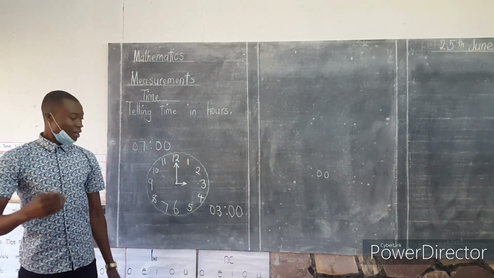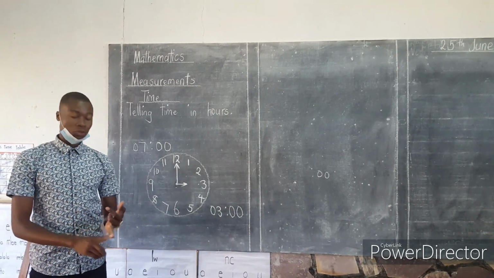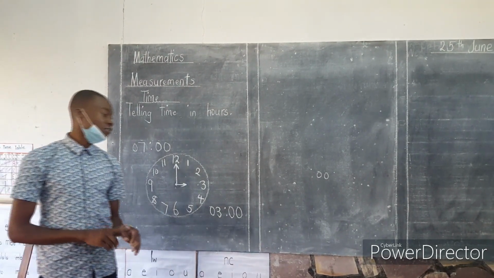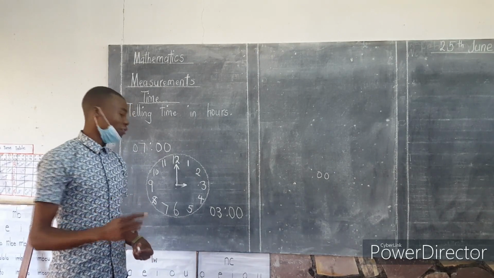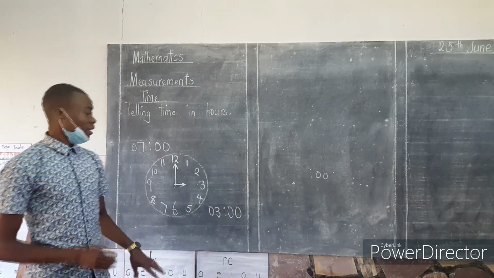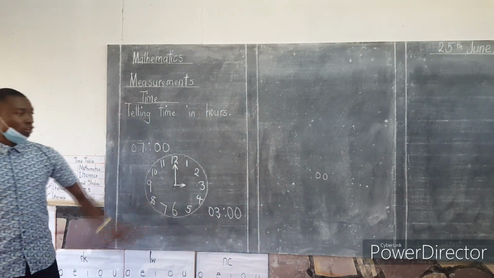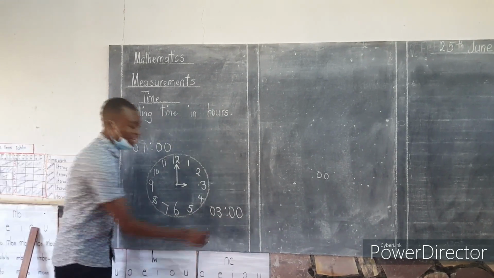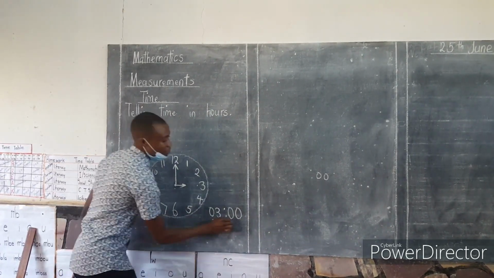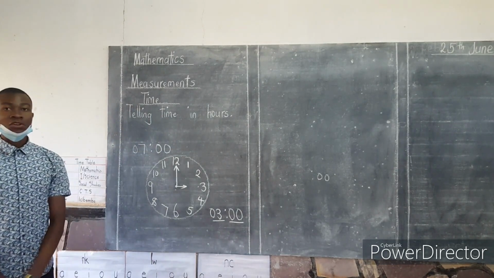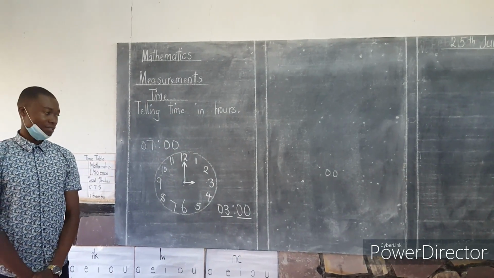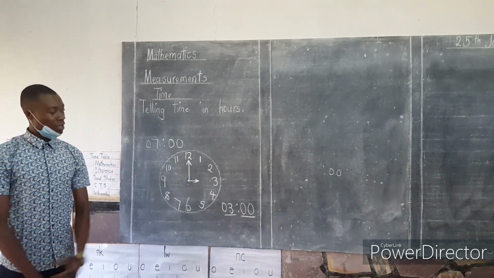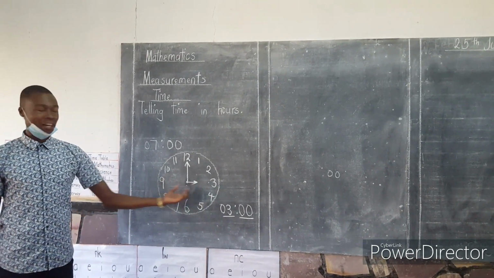The morning starts from 01, 02, 03, 04, 05 up to 12 hours. So the time shown on the clock there is 03 hours. Okay, now we can tell the time in the afternoon.